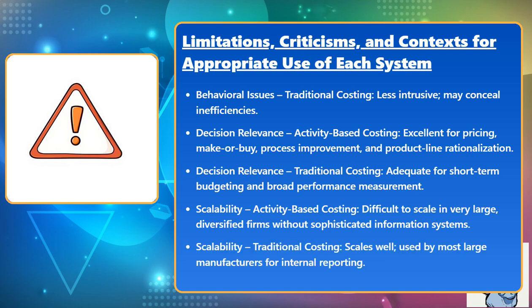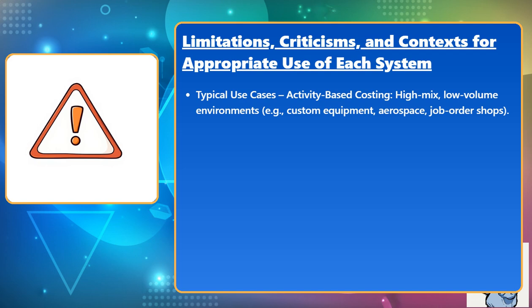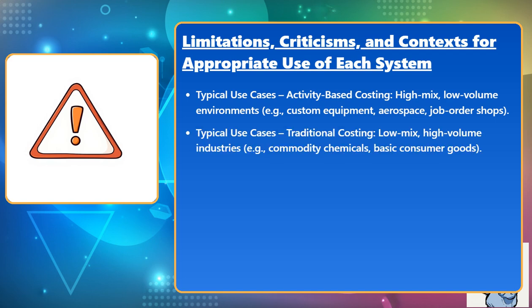Scalability, traditional costing: scales well, used by most large manufacturers for internal reporting. Typical use cases, activity-based costing: high mix, low volume environments, for example custom equipment, aerospace, job order shops. Typical use cases, traditional costing: low mix, high volume industries, for example commodity chemicals, basic consumer goods.